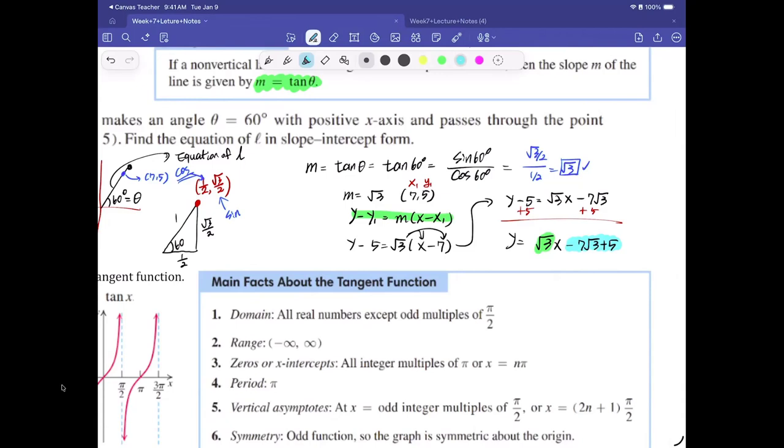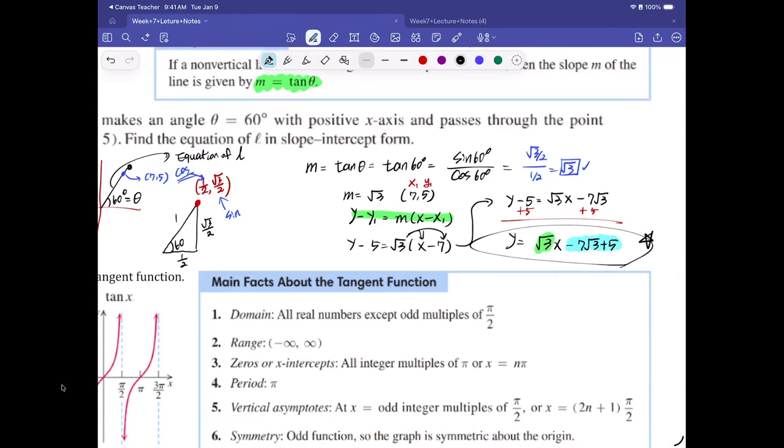You can plug it into your calculator to get the real value, maybe negative 1 point something. This is the final answer. You don't have to simplify the square root of 3 and negative 7 square root of 3 plus 5. Just leave it like that, then it's fine.